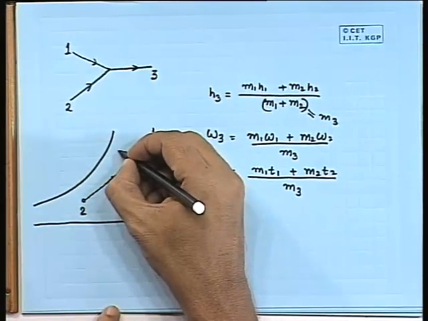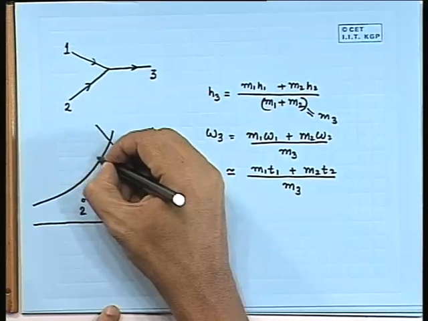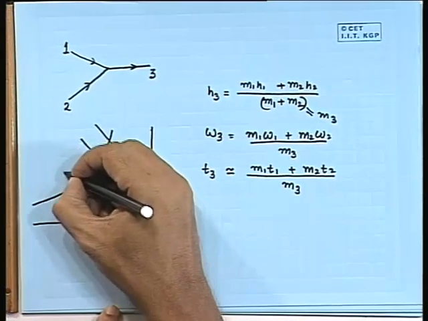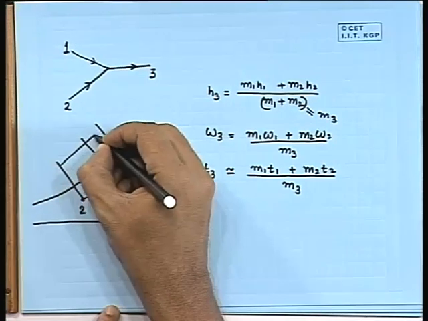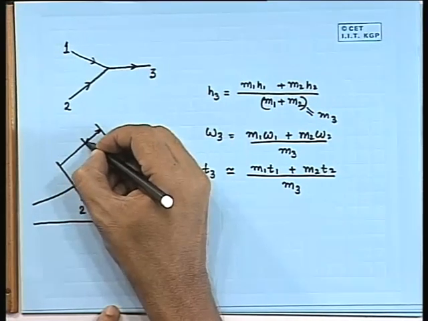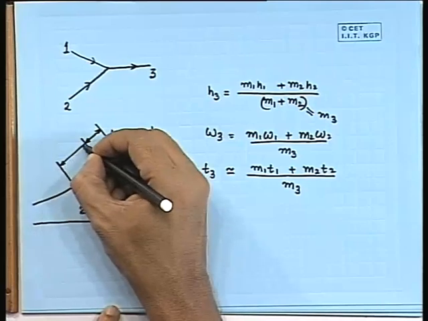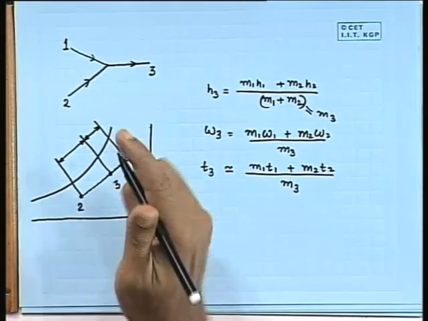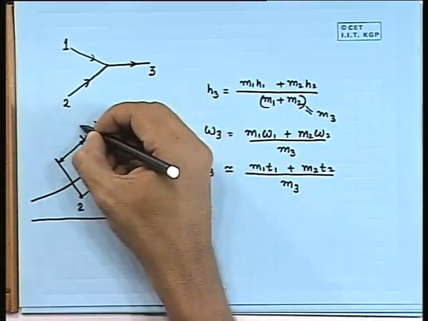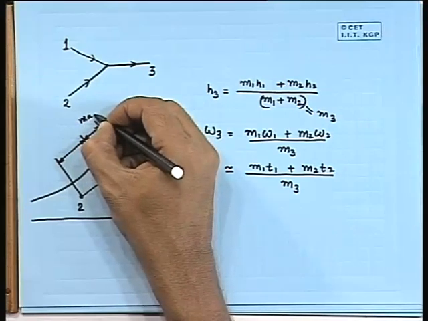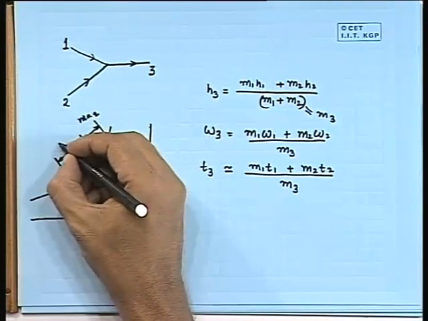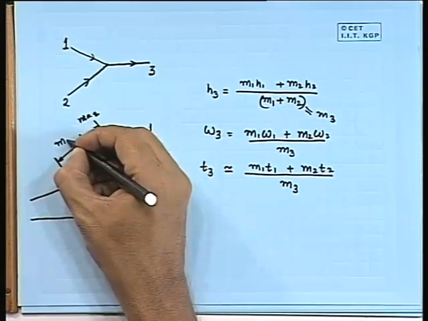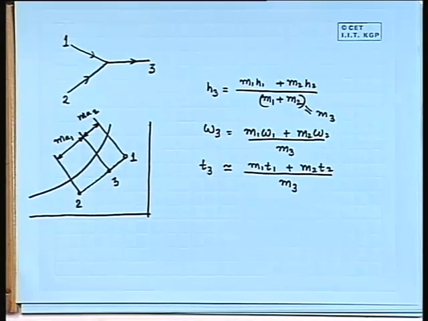The ratio by which point 3 will divide the line 1, 2 is like this: MA2 divided by, sorry, and this is MA1. This is how it will be divided.